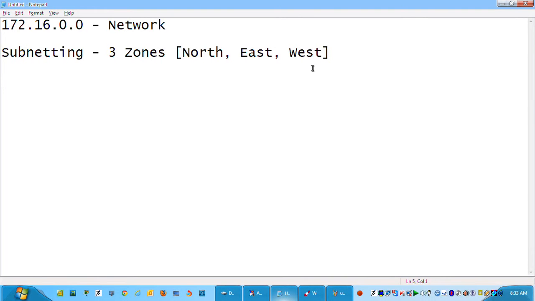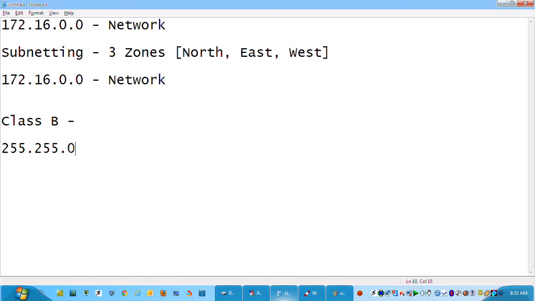For example, if I take the network 172.16.0.0, this is a class B network. For a class B network, the default subnet mask is 255.255.0.0, because the rule says the network bits are all set to 1 and the host bits are all set to 0.